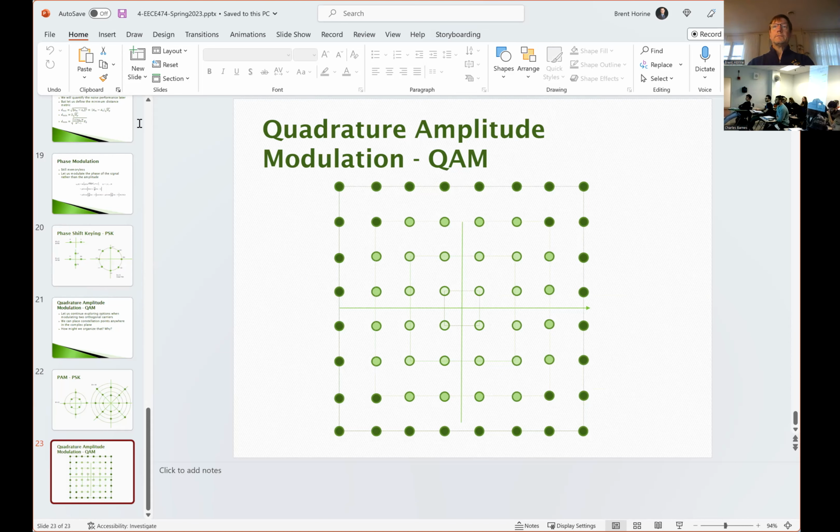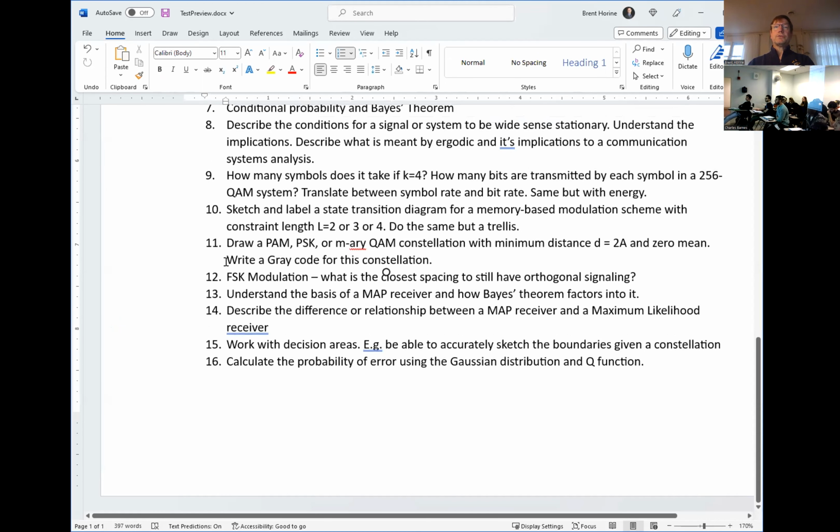All right. Write a Gray code for this constellation. You did that as a homework assignment. It's not terribly hard to do for a small constellation.